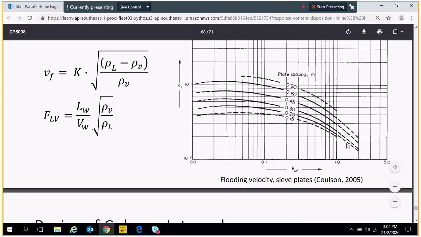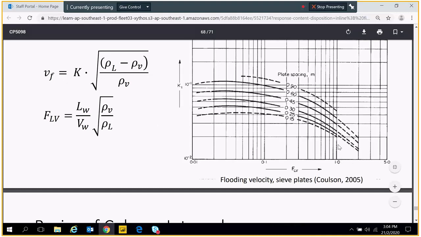You find that the K factor also decreases. It means that when you decrease the vapor flow rate, or when you decrease the density of the liquid, there's a lesser tendency for flooding to occur. Why lesser tendency?